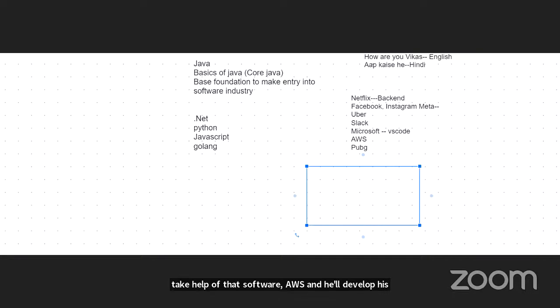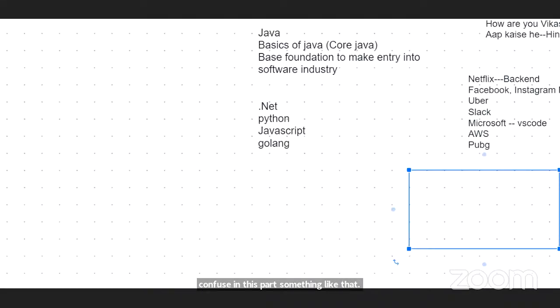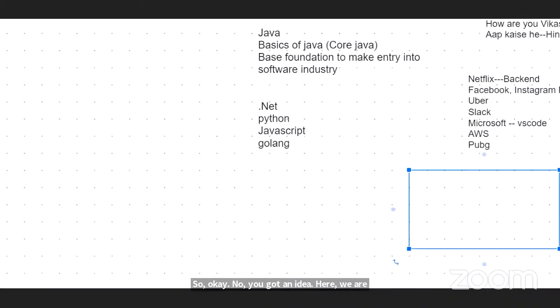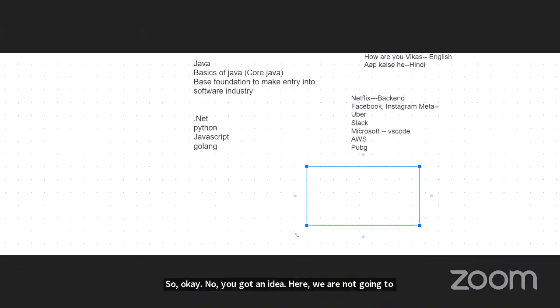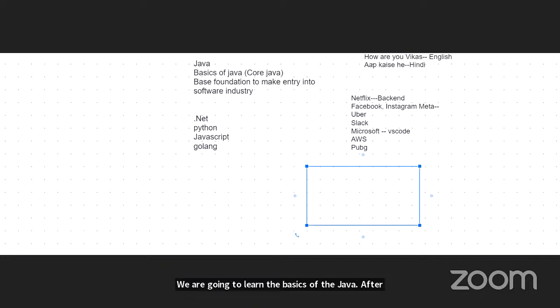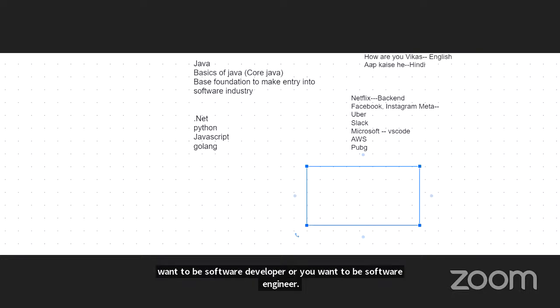I hope you got an idea on the software engineer and the software developer, right? Most of the people get confused in this part. So, okay. Now you got an idea. Here, we are not going to learn software developer or software engineer. We are going to learn the basics of Java. After this, it all depends on each individual's interest, whether you want to be a software developer or a software engineer. The next path you choose will make the impact on what you are going to be.